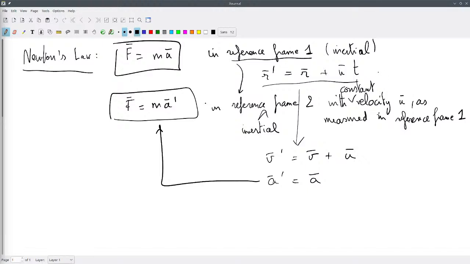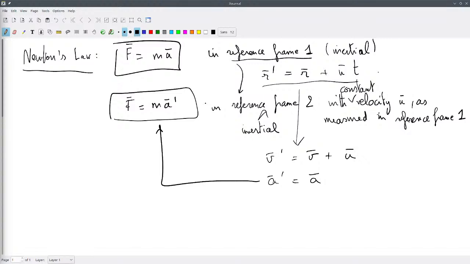But anyway, Newton's second law is valid in all inertial reference frames, which makes it a useful physical law. It's not something that only works because we happen to be here on the surface of the Earth.